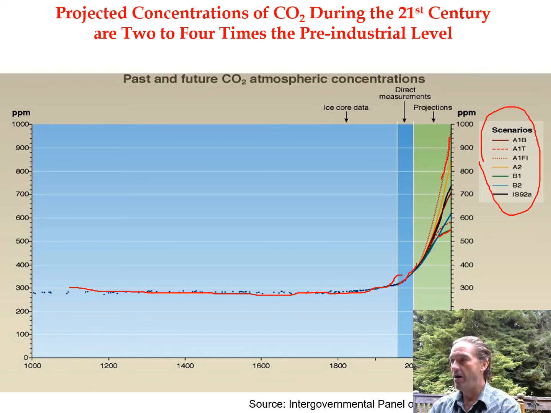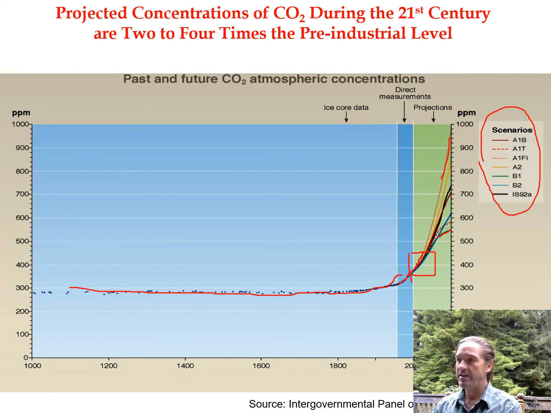bend the curve downward. But what I want to mention is that at least in the last 20 years that I've been exposed to these sorts of data and the models, we have all these different scenarios, but the scenario that we continue to follow is the most extreme one.